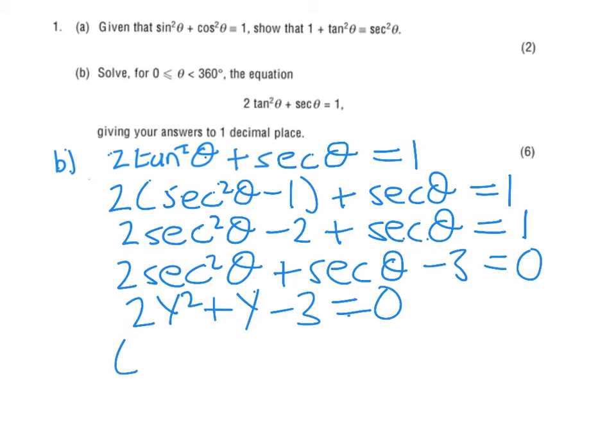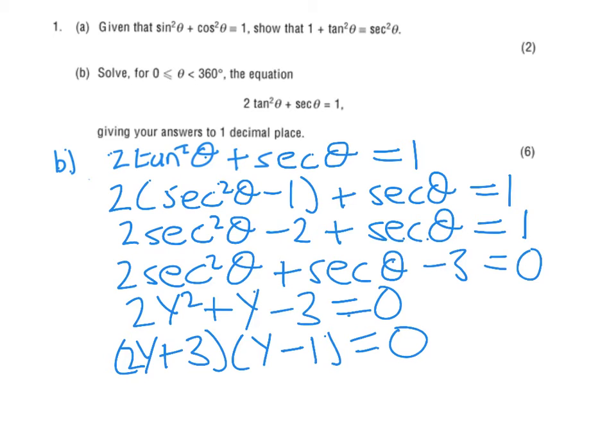Okay, so I can factorise this. It's going to give me 2y plus 3, y minus 1 equals 0.